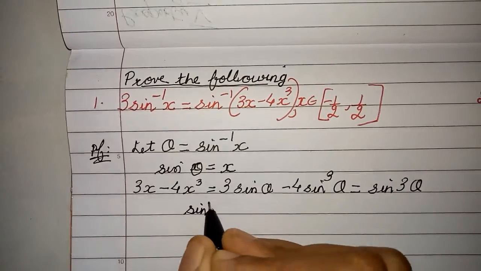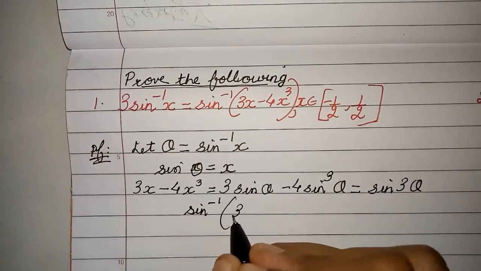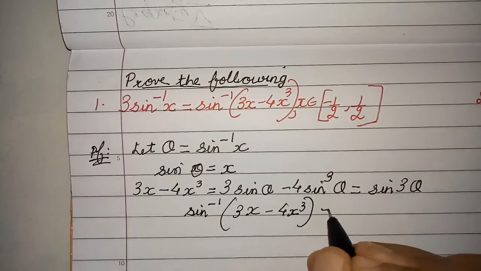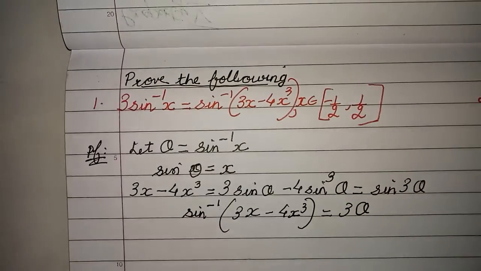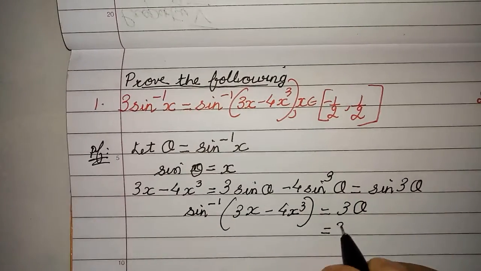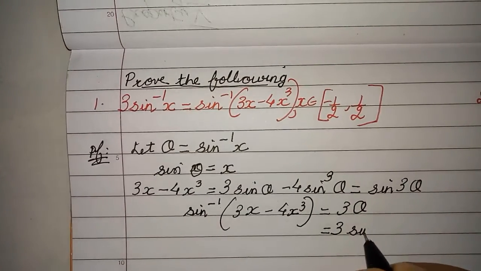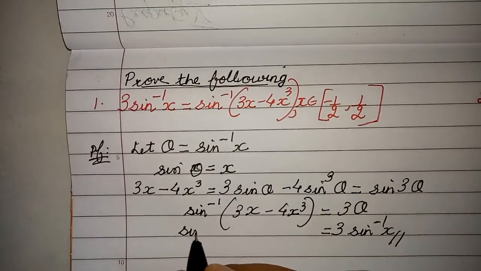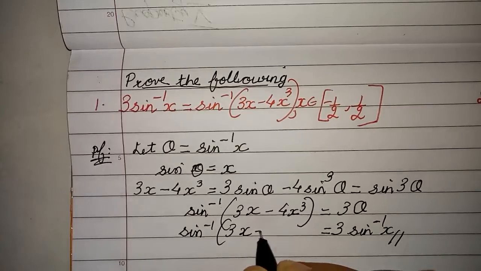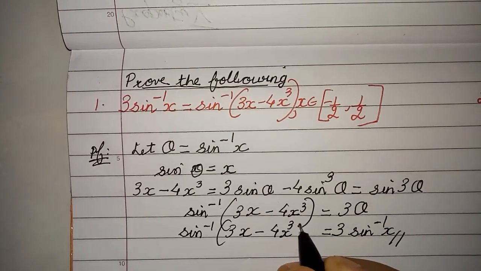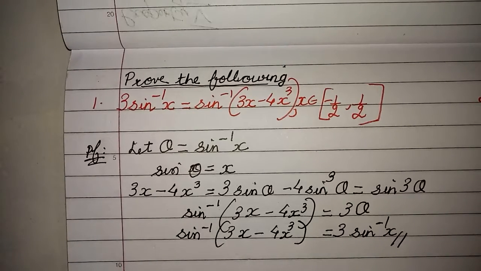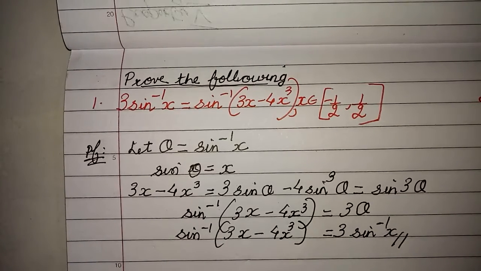So sin inverse of 3x minus 4x cube, because it is well defined, will be equal to 3 theta. But what is theta for us, children? Theta for us is sin inverse of x. Is that clear? So I have proved that sin inverse of 3x minus 4x cube is equal to 3 times sin inverse of x.